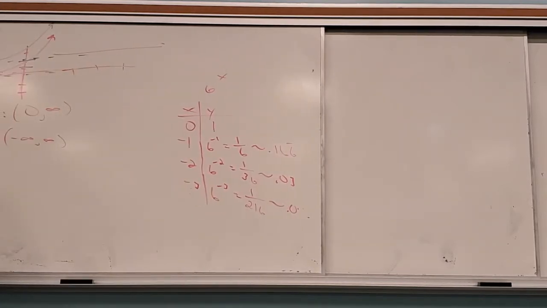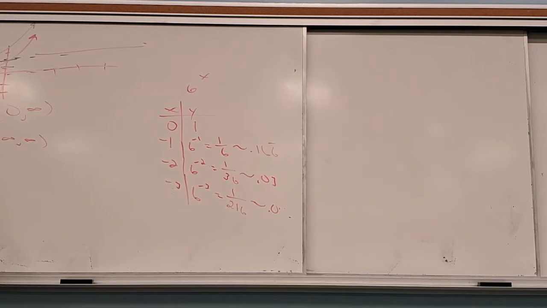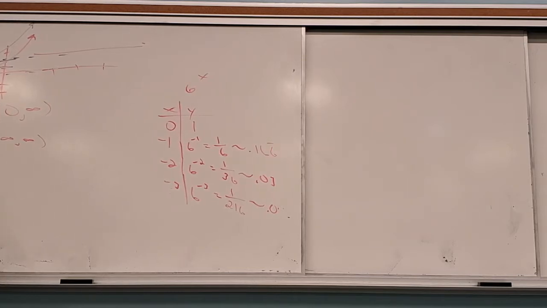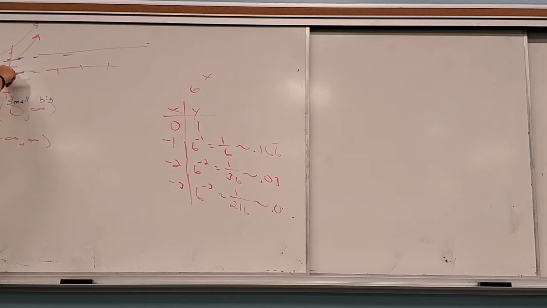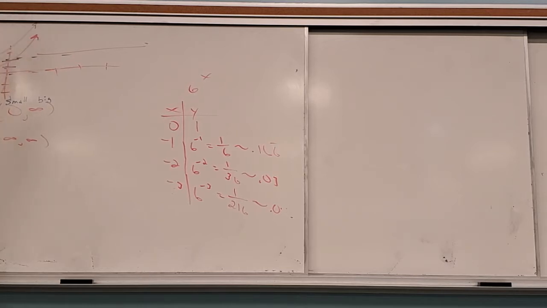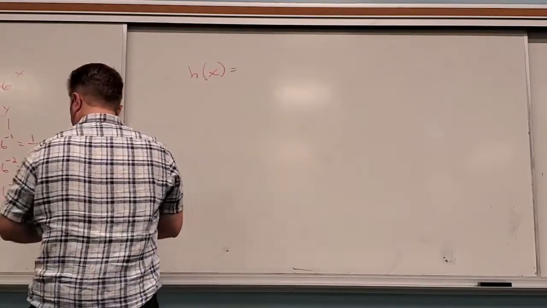Like instead of for the range, it would be infinity to 0, because. All right, so it's always small to big. So what is the lowest output that I see? Almost 0. Up to what? Infinity. Okay, yeah. Okay.